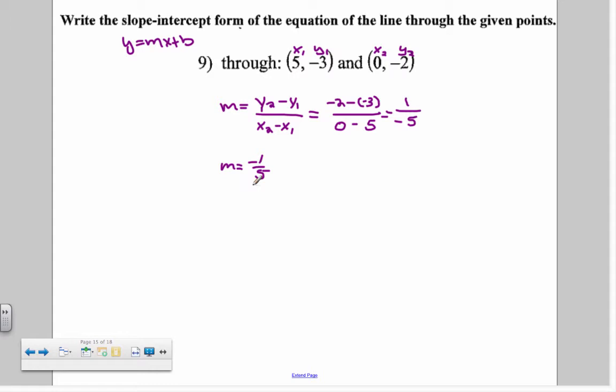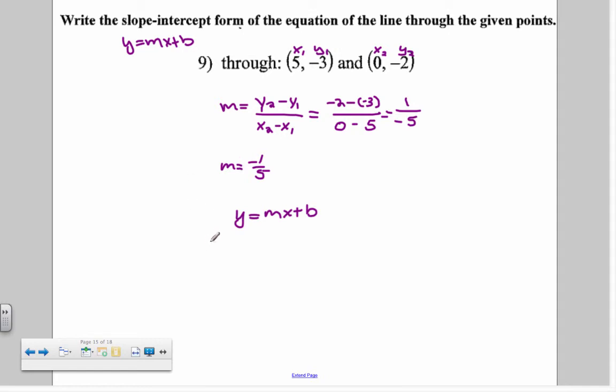But I still need my b. So I'm going to do the same thing as I did in the last problem, and I'm going to use one of my x's and y's and my m in order to find my b, or my y-intercept. So I rewrite the equation y equals mx plus b. And I can choose either one. I could use 5, negative 3, or 0, negative 2. I'm actually going to use 0, negative 2 because I find these numbers easier to work with.